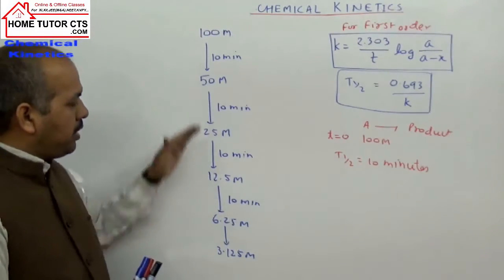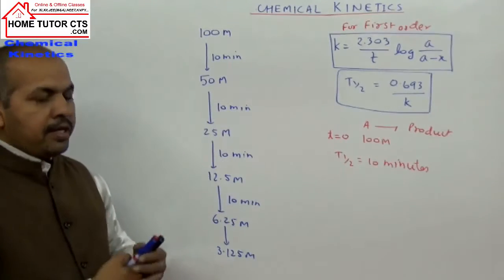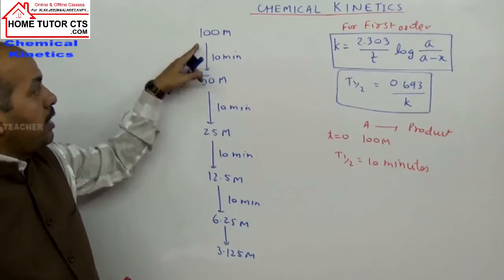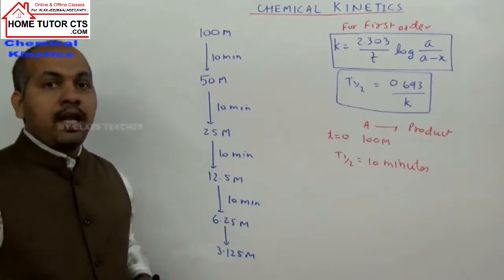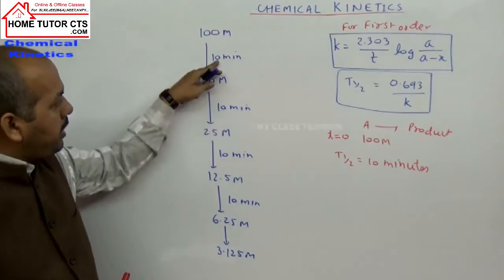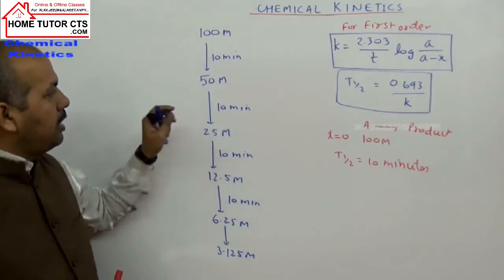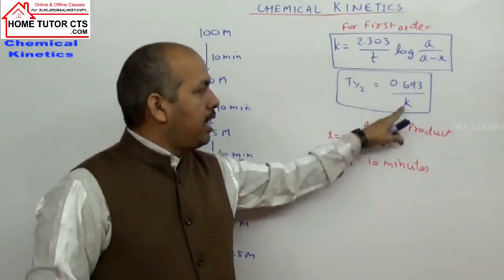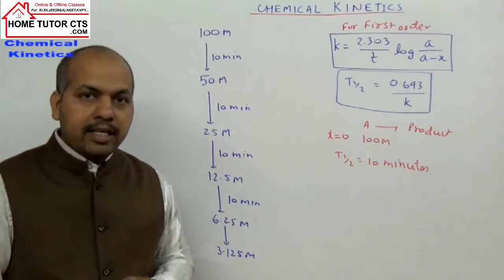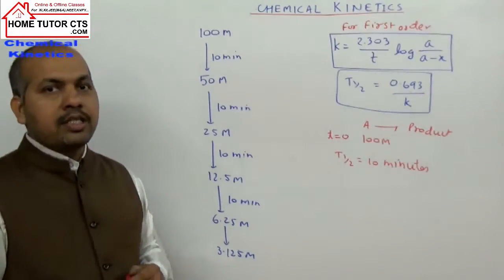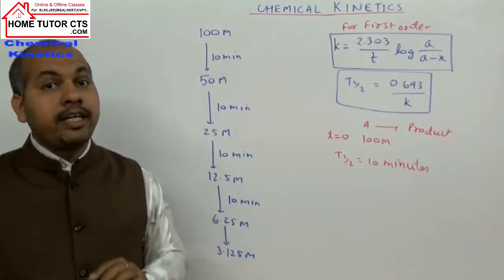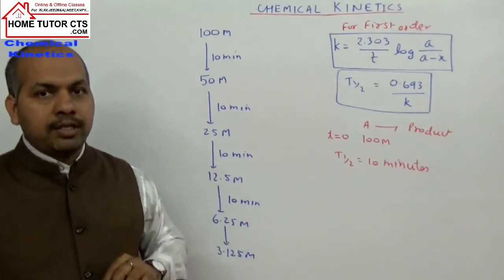These points will help us in solving more questions, especially when the time given is a whole number multiple of t half. In all of these it is written t half 10 minutes, 10 minutes, 10 minutes. This means t half is independent of the reactant's initial concentration: in the same time interval, the same percentage will decompose, not the same amount.